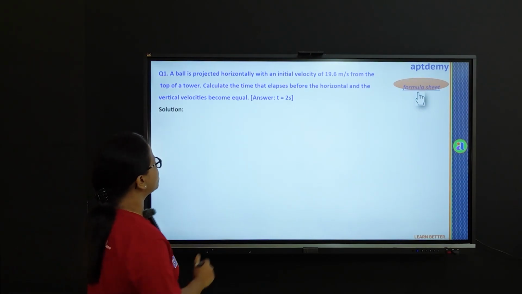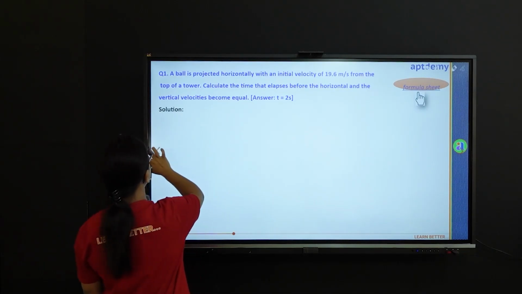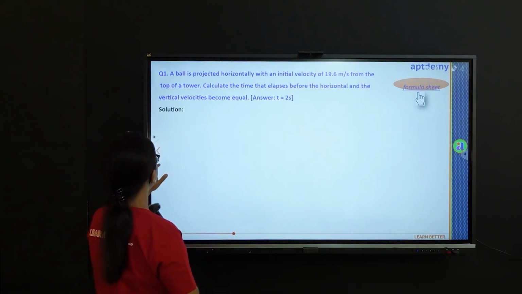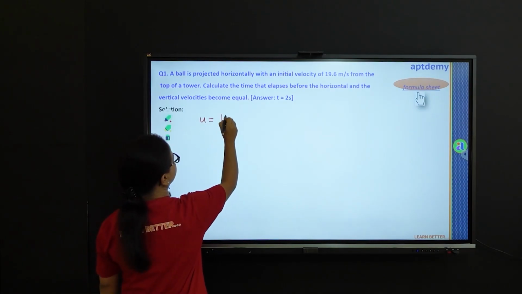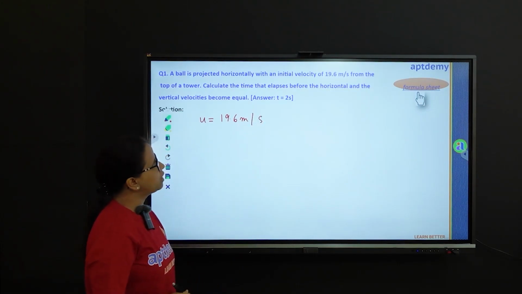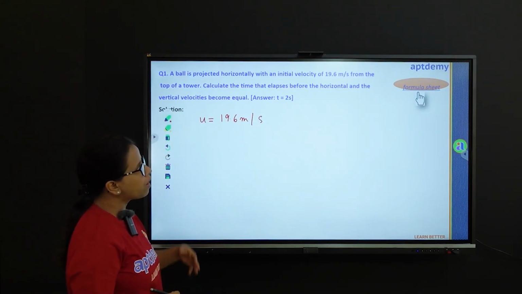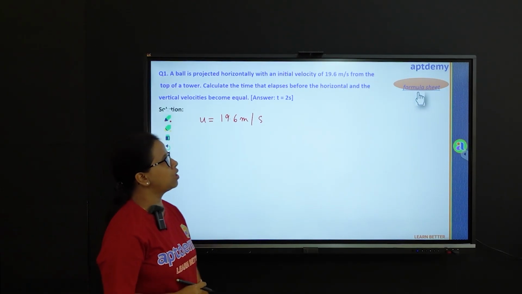So, the initial velocity has been given. Initial velocity is u equal 19.6 meter per second. We are to calculate the time that elapses or passes before the horizontal and the vertical velocities become equal.